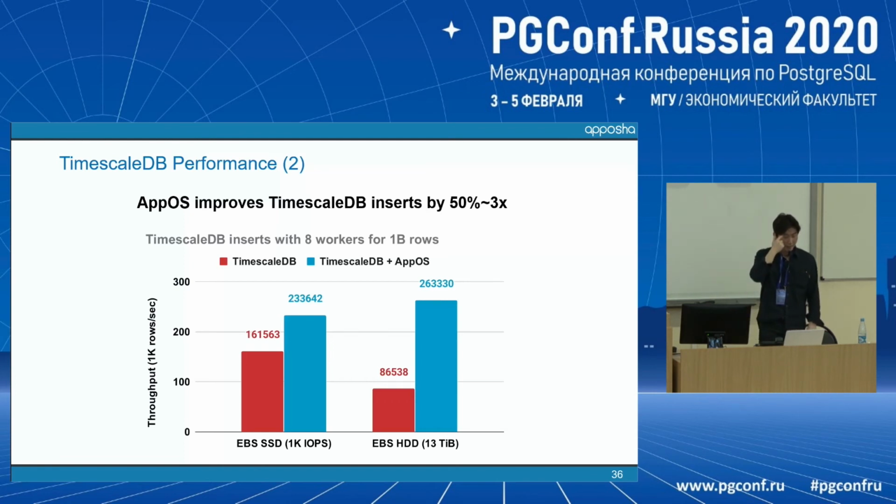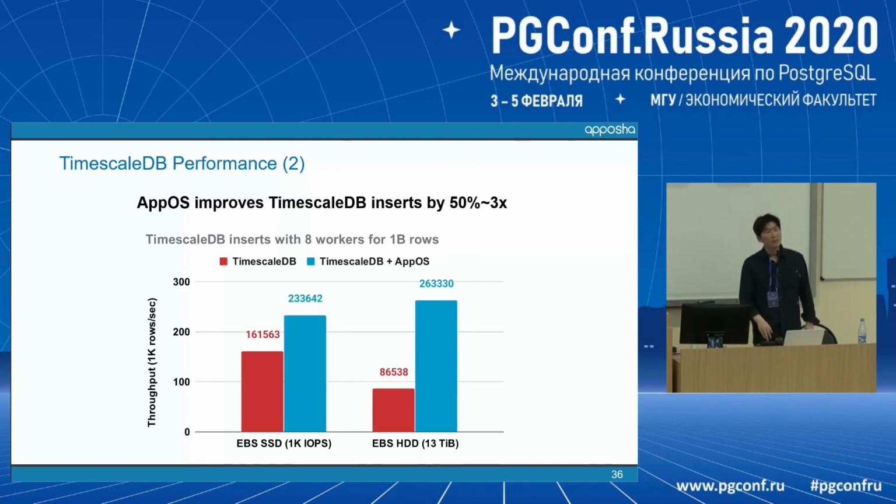But with the AWS extension, TimescaleDB can process 230,000 and 260,000 rows per second for EBS SSD and EBS HDD respectively.